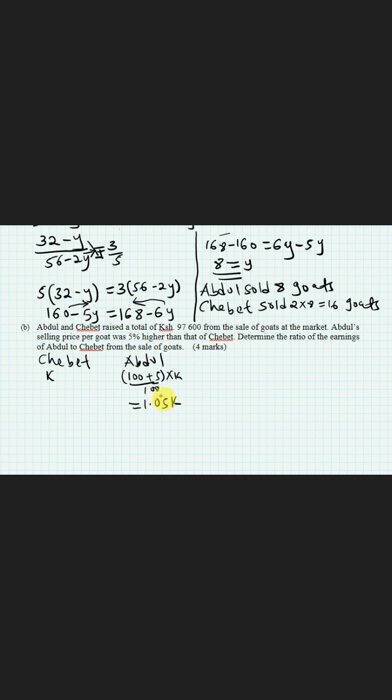So the selling price per goat for Abdul is 1.05K. For Chebet, it is K.